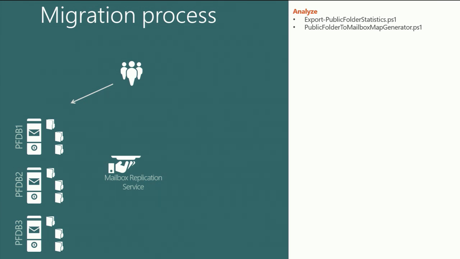After that, with this CSV file, you run a script called public folder to mailbox map generator. This script splits up your public folders into batches and maps them accordingly to public folder mailboxes. From looking at that script, you will recognize how many initial public folder mailboxes you need in your new structure, either on Exchange 2013 or Exchange Online.